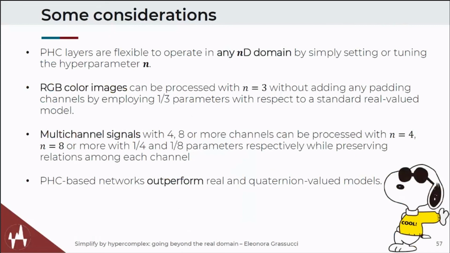For example, they can process RGB color images by easily setting n equal to 3 and processing them in their natural domain, without adding further useless channels, and reducing the number of parameters to 1/3.